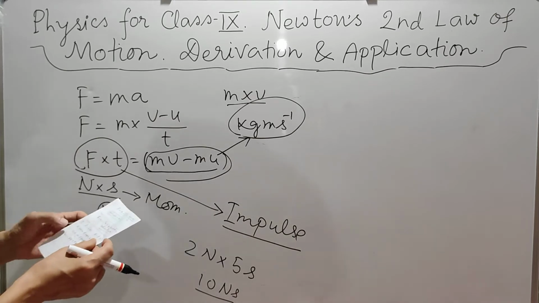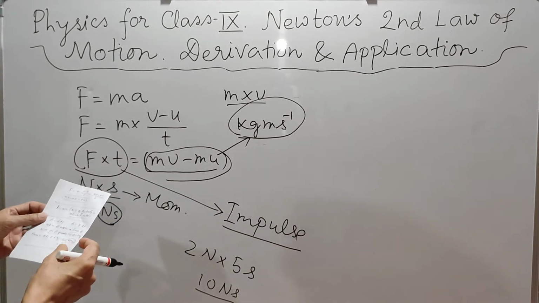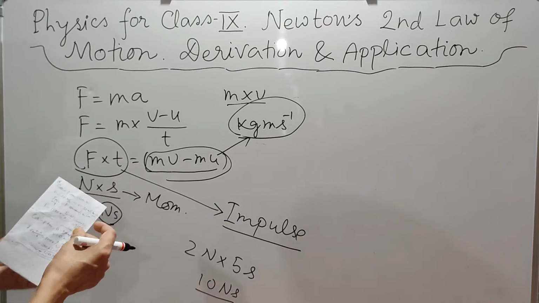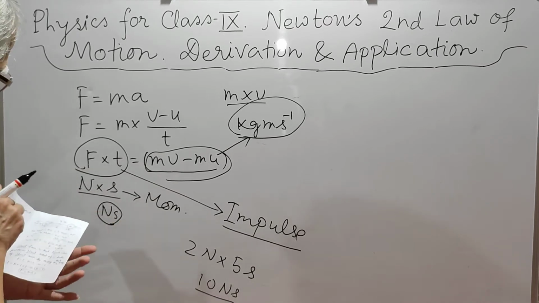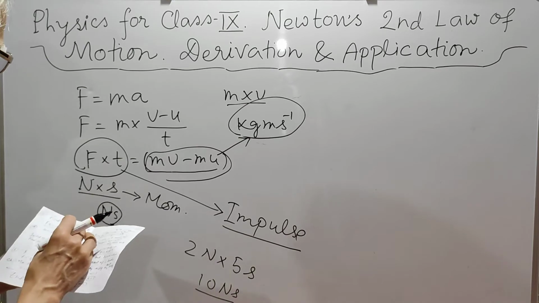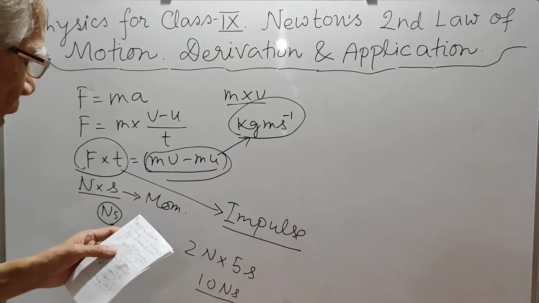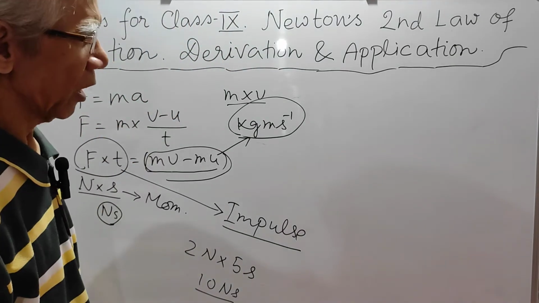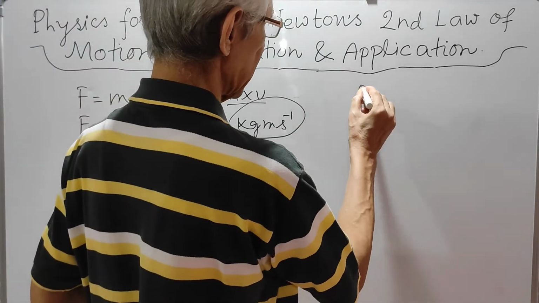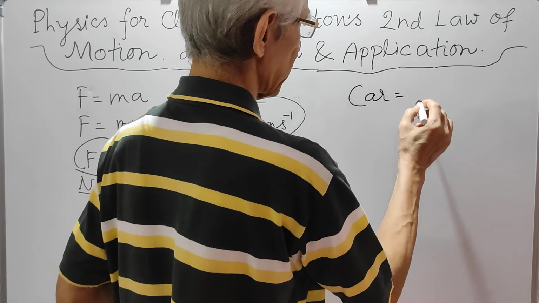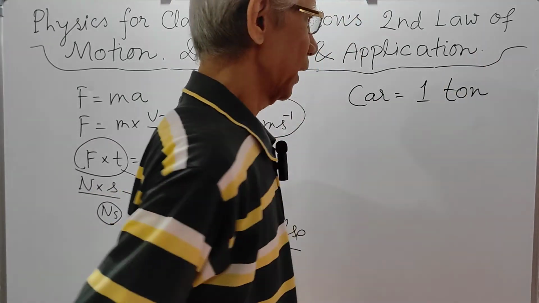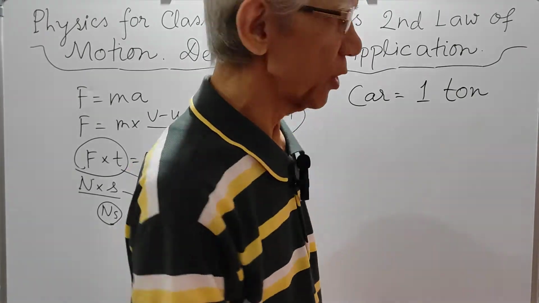All right. Now let us see a question. Suppose this, consider a car whose mass is 1 ton. Now 1 ton means how many kgs? 1000 kg.